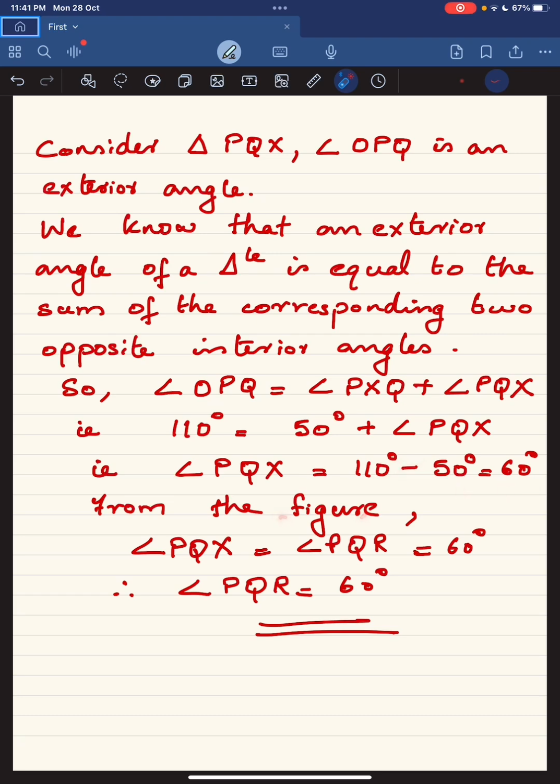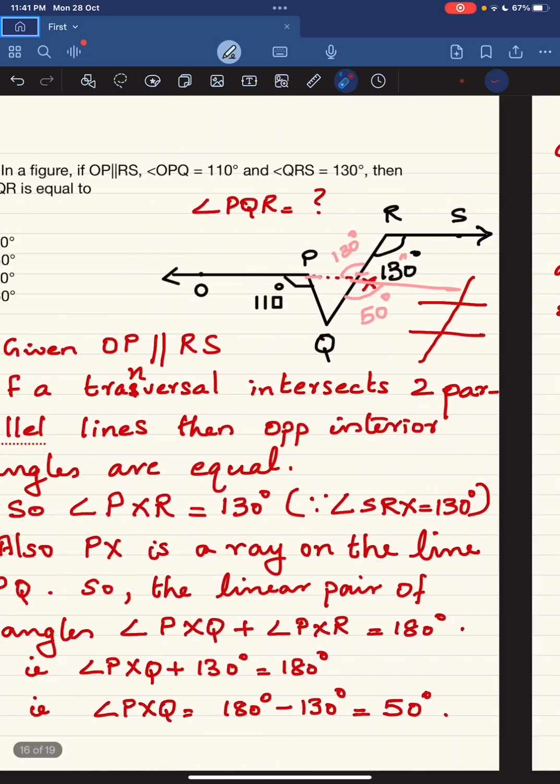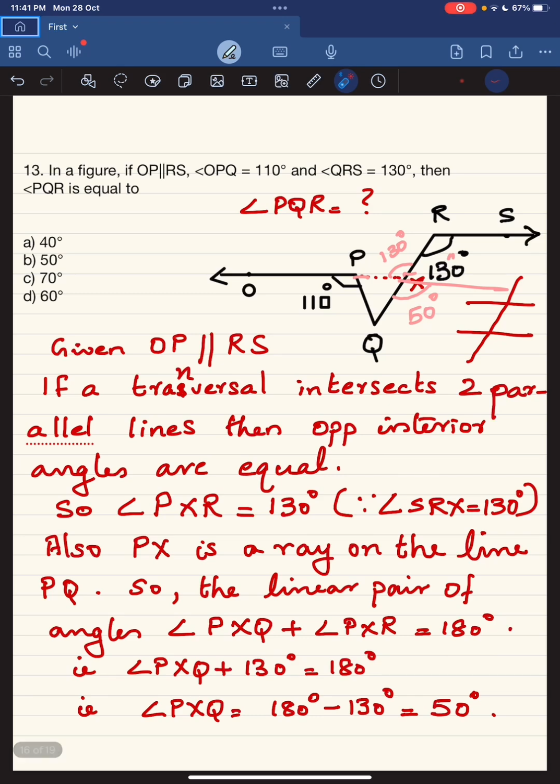From the figure, angle PQX is the same as angle PQR.